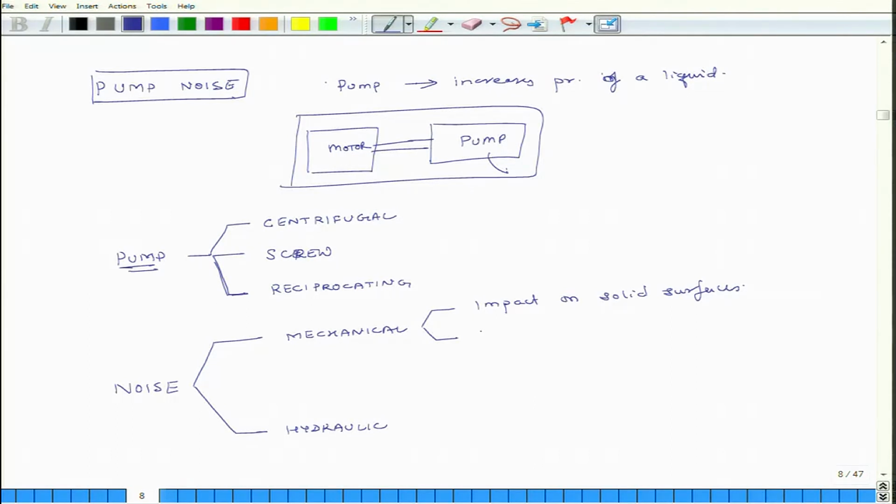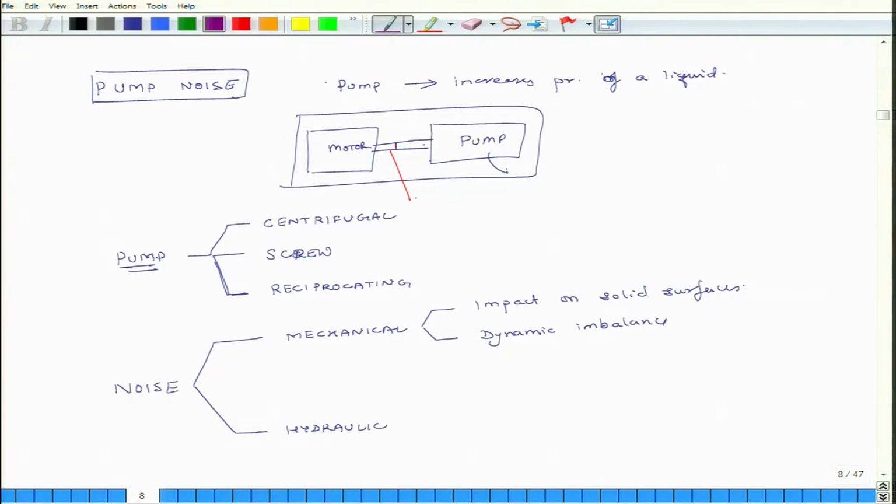The second reason could be dynamic imbalance. In case of the motor it is this shaft which could be dynamically imbalanced, but it could also be the part related to the pump, because this motor shaft may be ending here and the other part of the shaft may be this one.